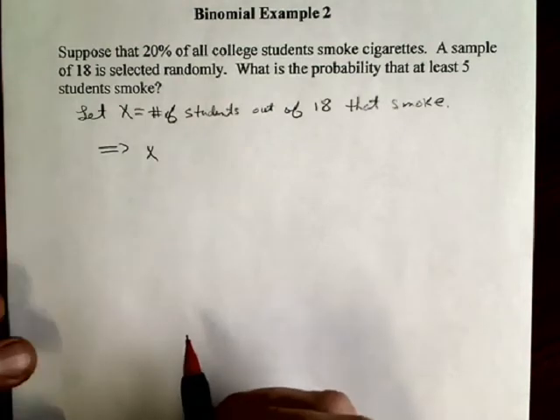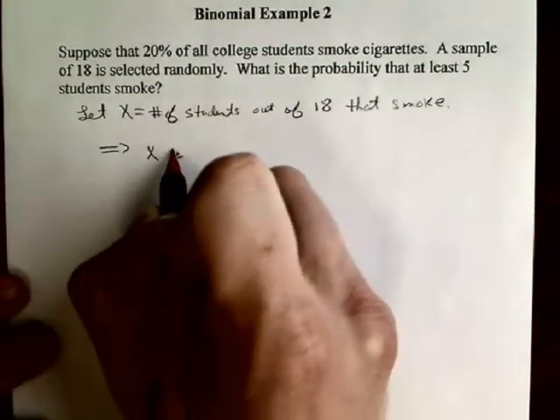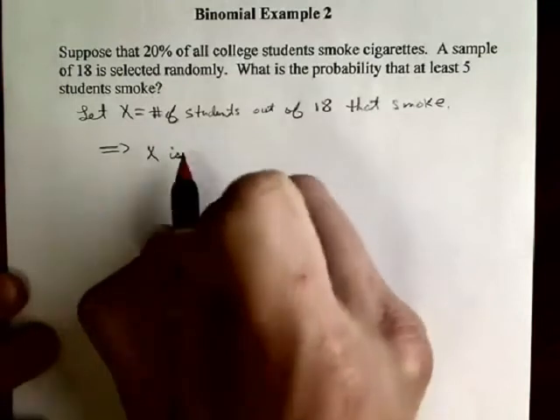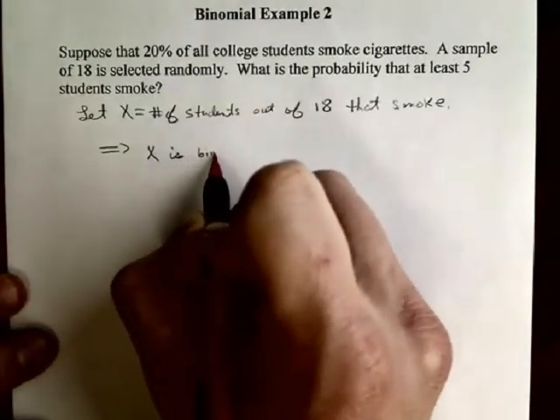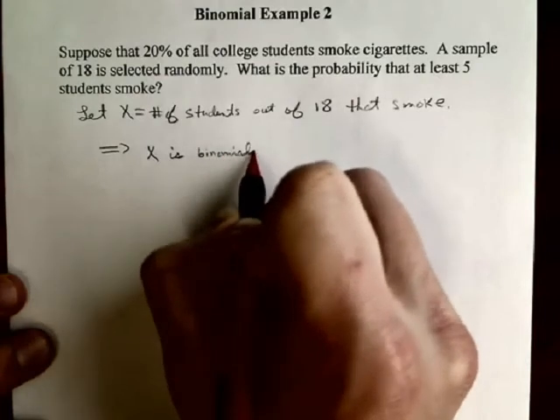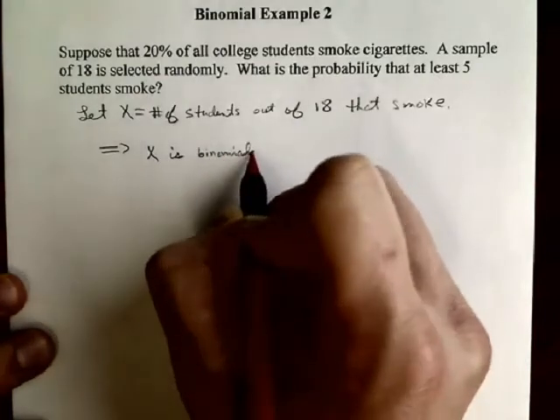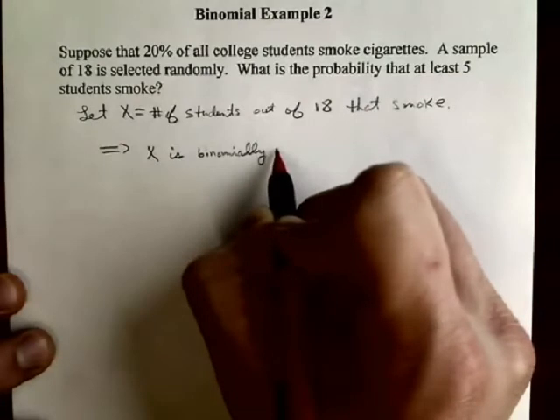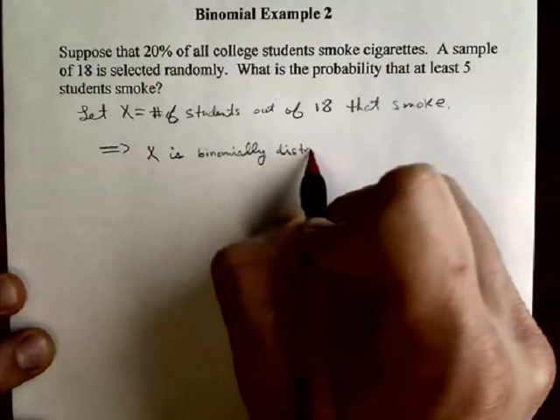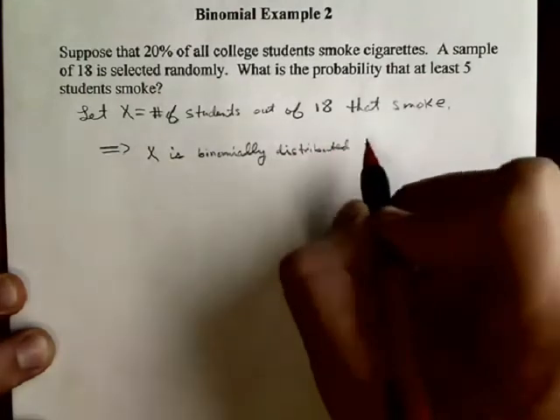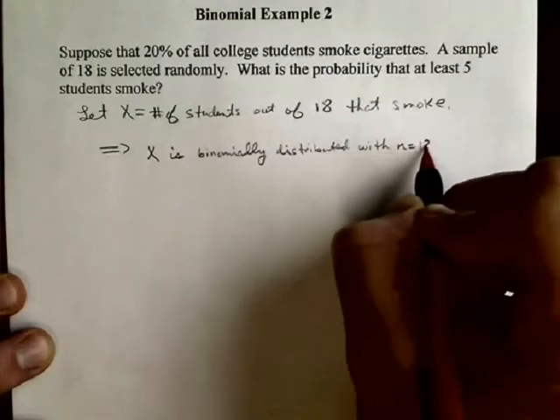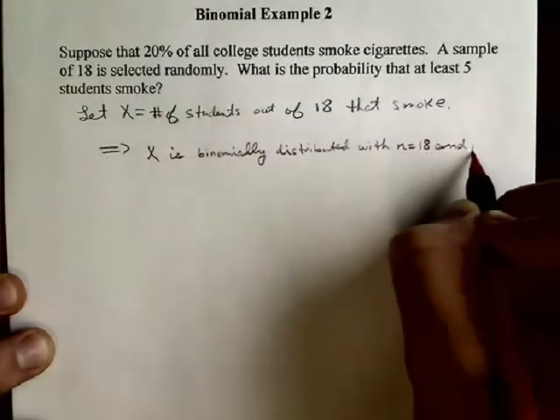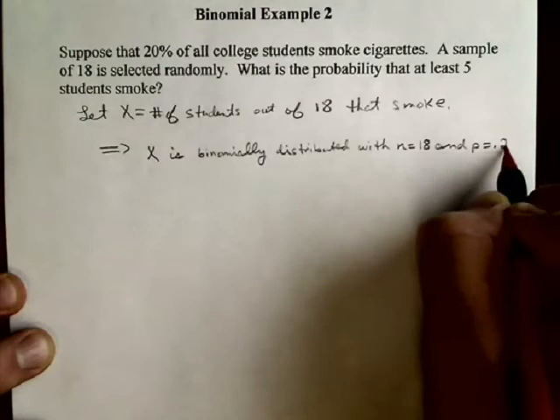And so a reasonable assumption here is that X is binomially distributed with n equals 18 trials and p equals 0.2.